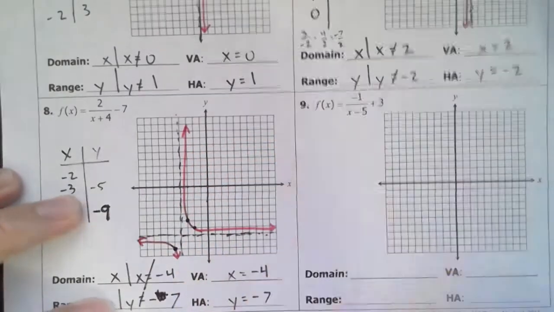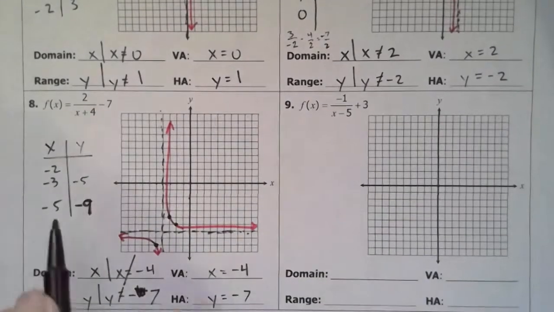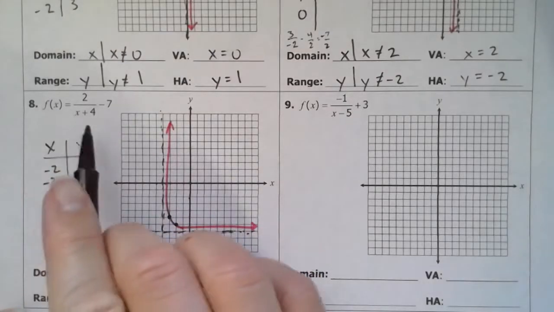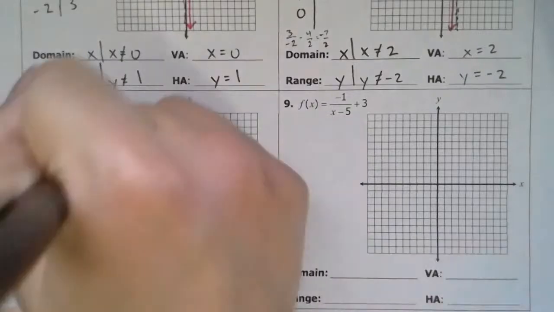So it should look something like that. Sorry, I didn't even write it in. 2 over 2, 1, it was negative 6.